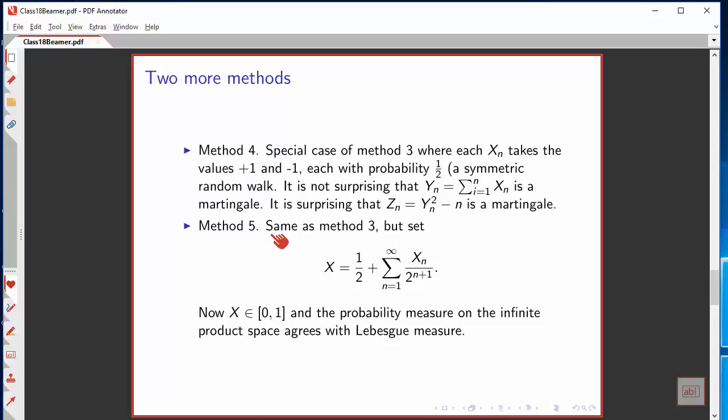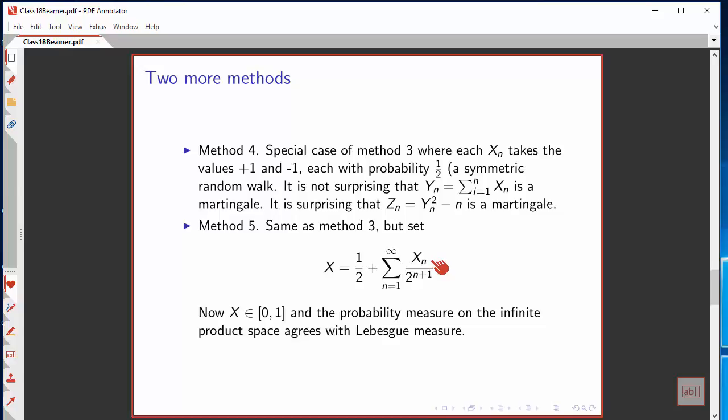As a special case of this idea, we create a random variable which is 1/2 plus the sum of these values from the random walk, only divided by 2 to the n plus 1. Now think about this. We start with 1/2, then we either add or subtract 1/4.